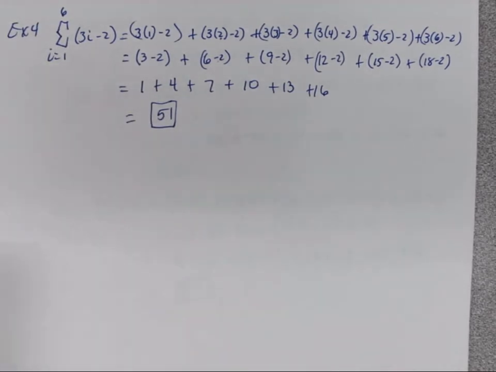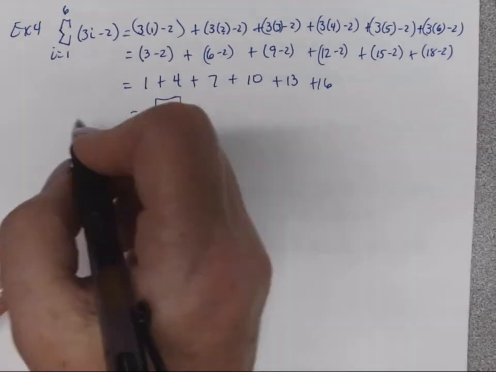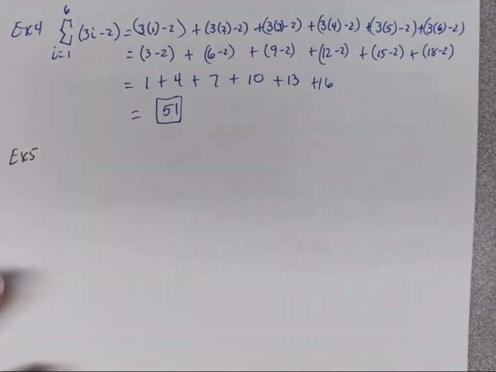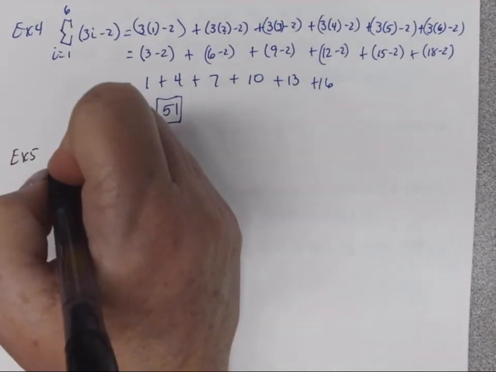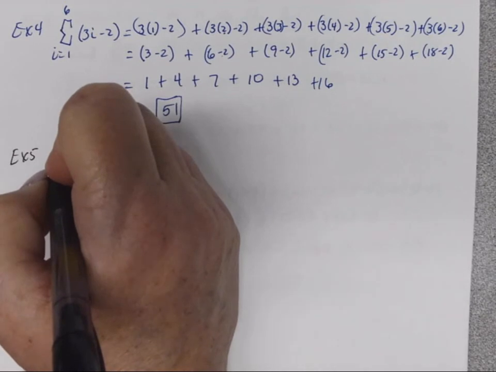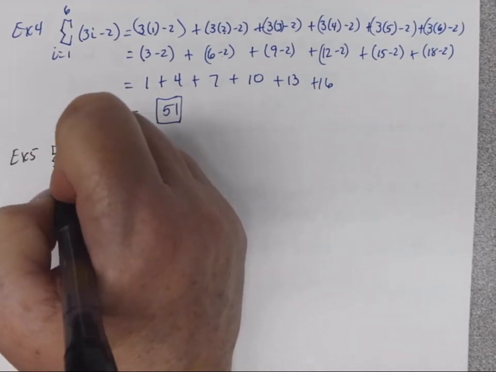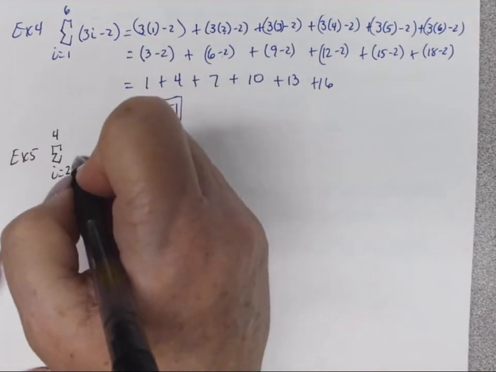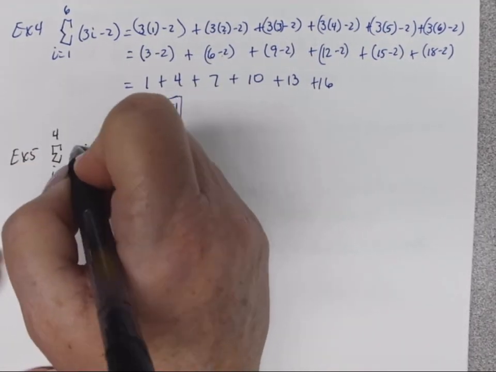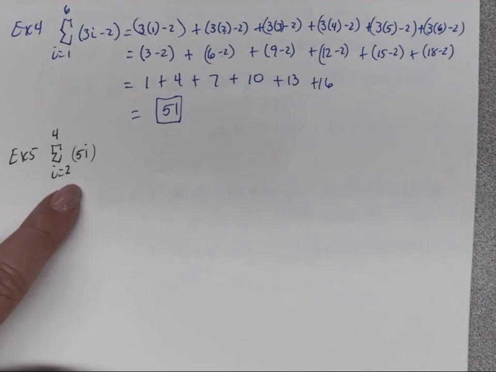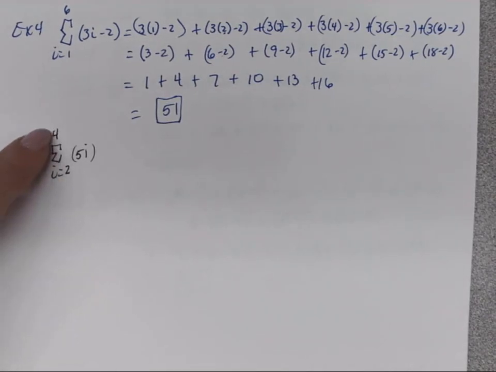All right, let's look at another one. So this will be example 5. And example 5 is the summation of i equal to 2 to 4 of 5i. So here we're going to start with 2, and we'll do 3 and up to 4, and we're multiplying each term by 5.